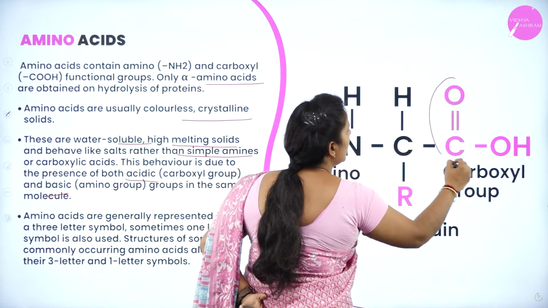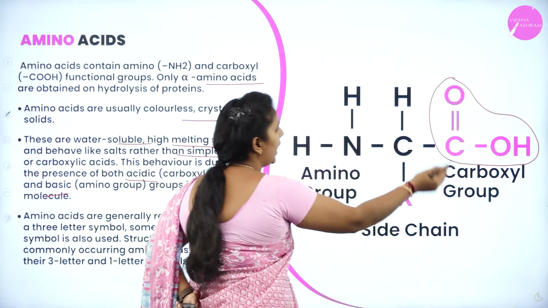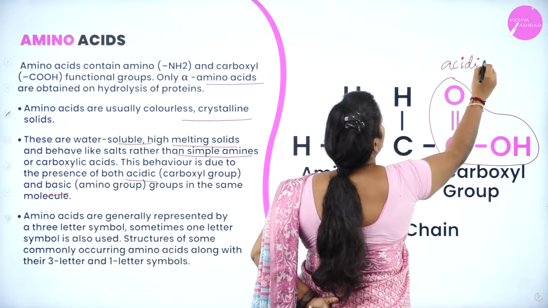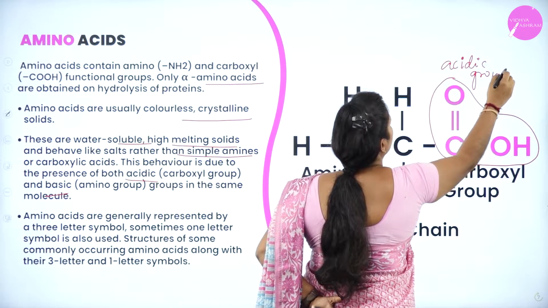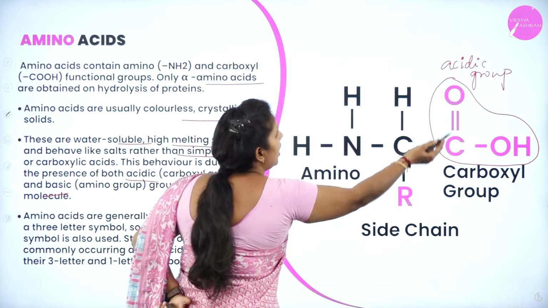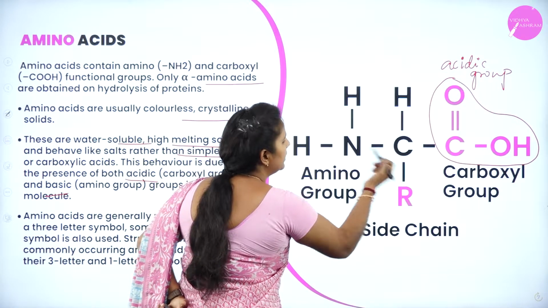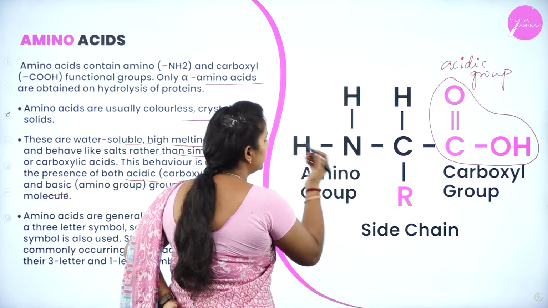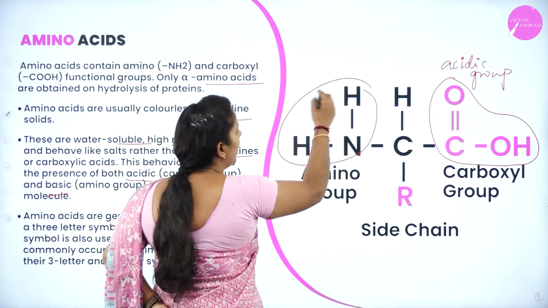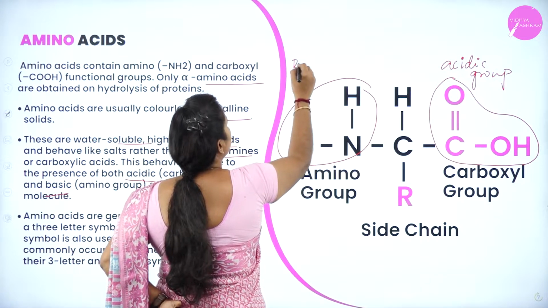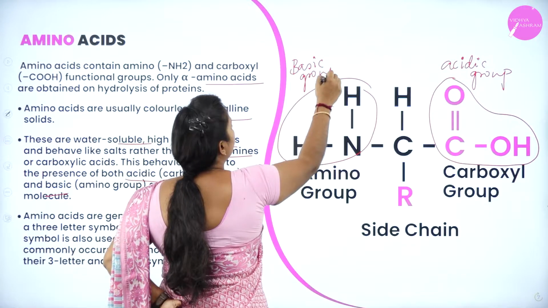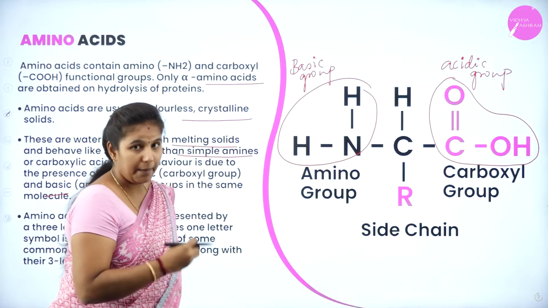This group is a carboxylic group and this is an acidic group, which is found in the amino acid. Next to this carbonyl group you can see that there is a carbon. After this you can see that there is an NH2 group, and this is a basic group which is found in the amino acid.